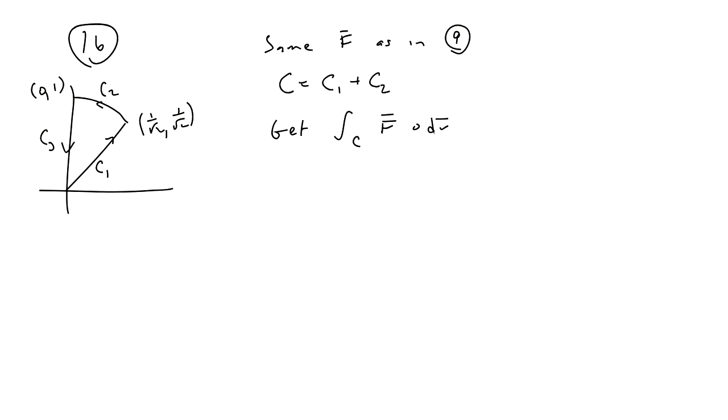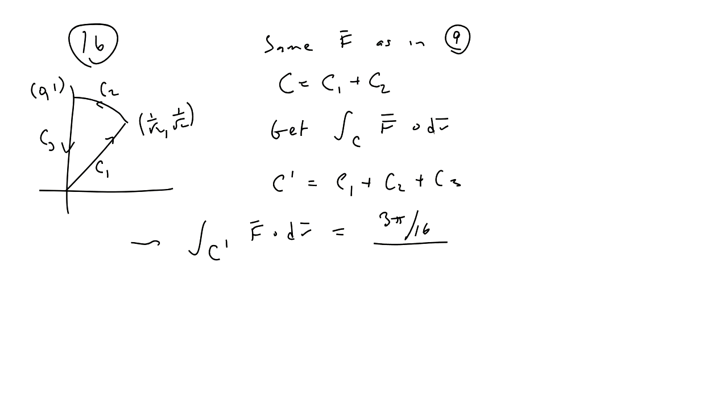So why don't I use what I had in the last one? So I do C prime is equal to C1 plus C2 plus C3. We know from the last one that that is 3 pi over 16.